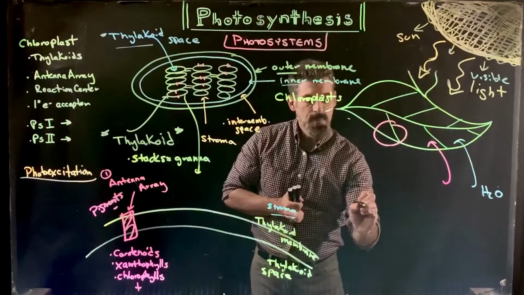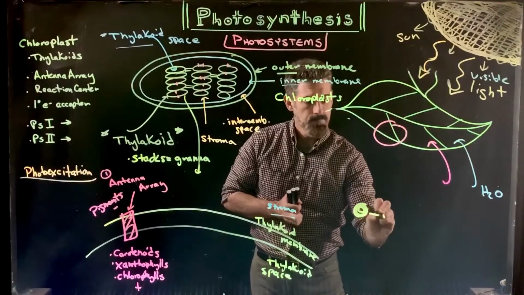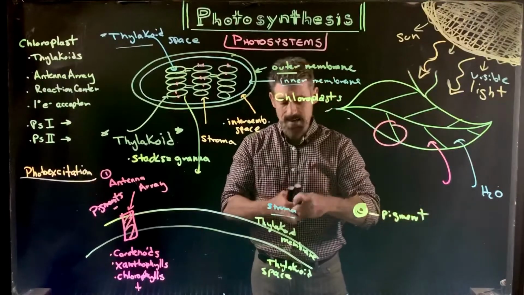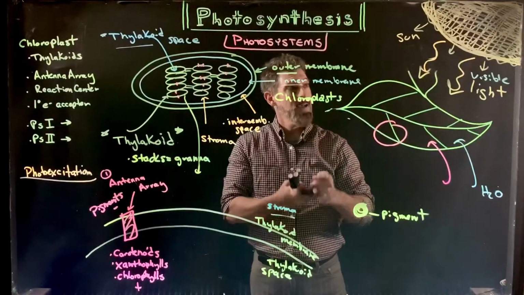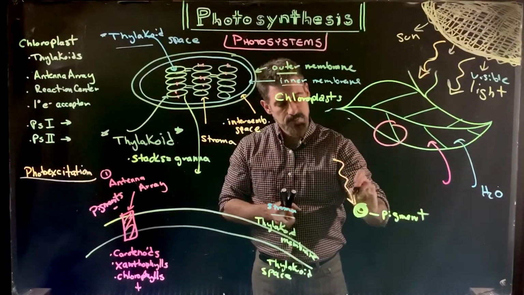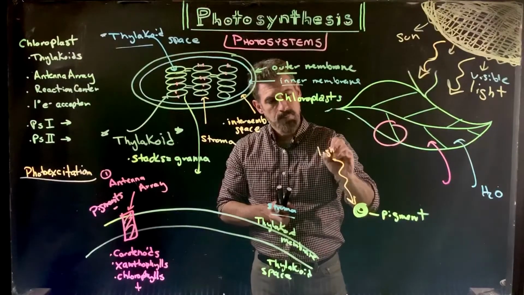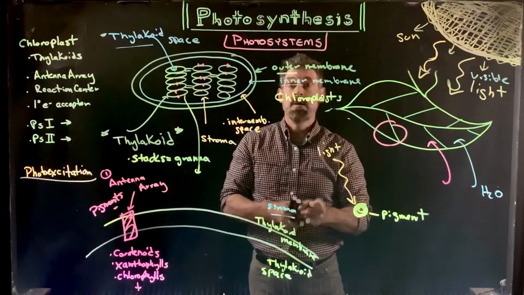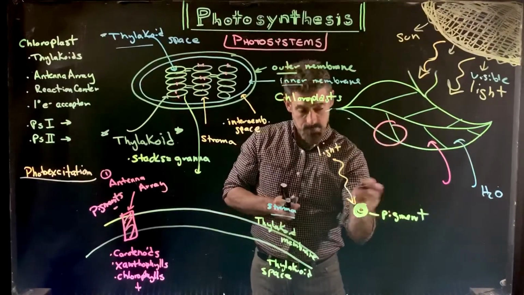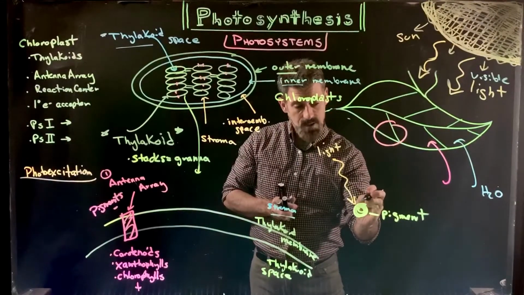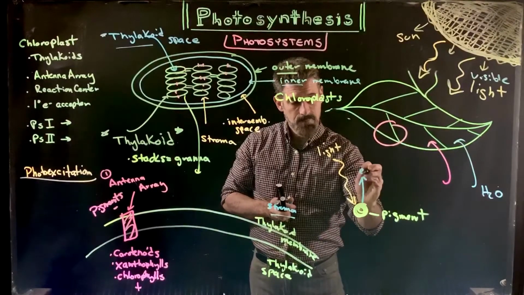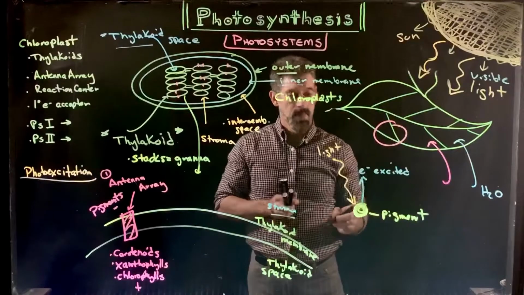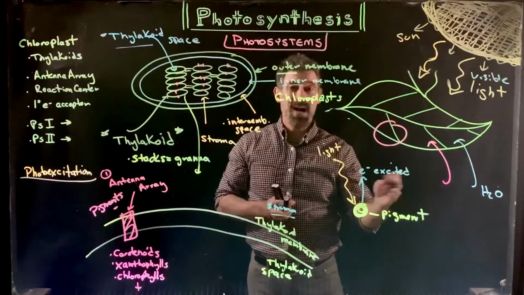If this is just a pigment molecule, what's going to happen to this molecule is that as the light energy hits it, electrons in certain places, certain elements within this, are going to get excited. Which means they jump up to a higher energy level.